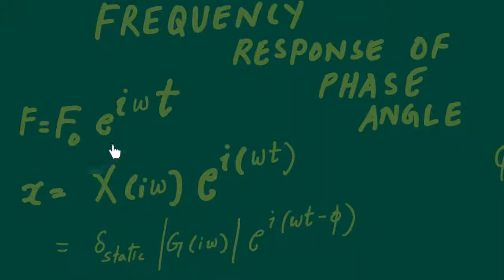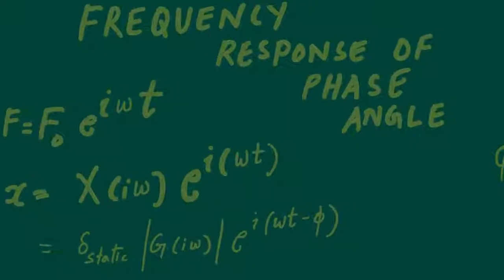let's say you have an excitation of this kind, then your response can be assumed like this, the basic assumption. Since this is a complex number, there is a lag. So your response is actually lagging your excitation by an amount given by phi, and we have also established equations for phi, if we remember.